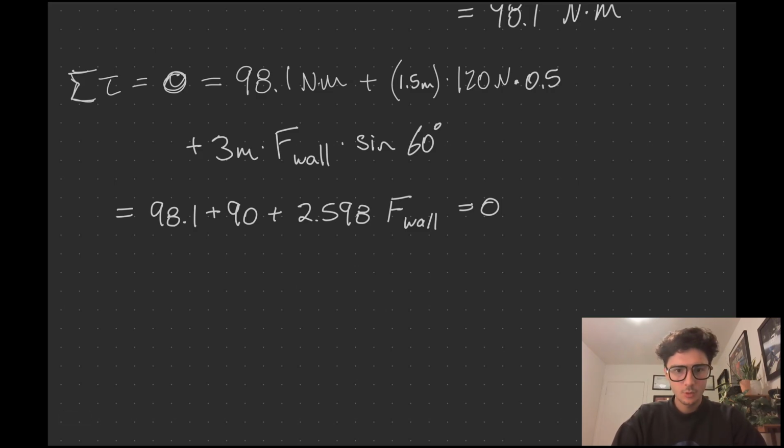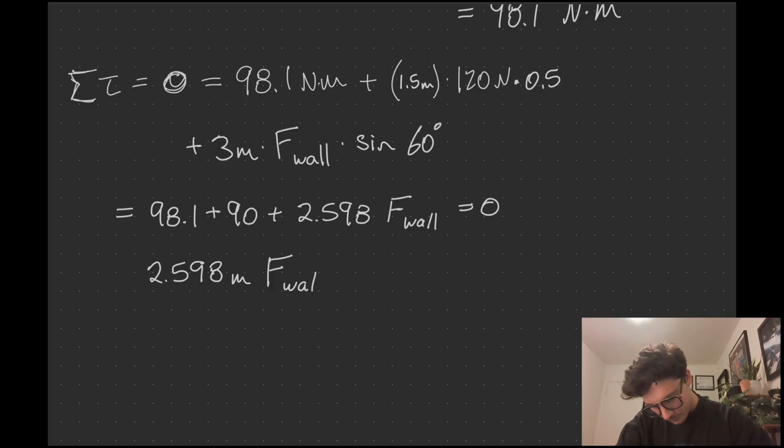Now we have 98.1, the torque of the monkey. Hold up, backspace. There's no backspace on this calculator. Oh, there is. Plus 90, the torque of the ladder, equals 188.1. So basically we have 2.598 meters, because sine of 60, this is meters, times force of wall.